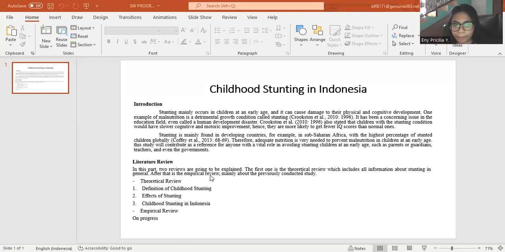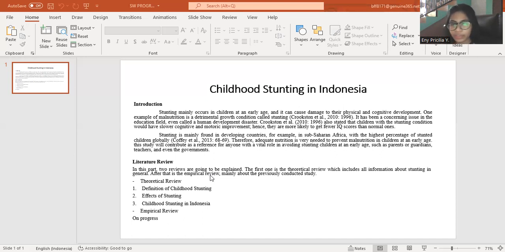So after that, the second part is the empirical review, and I'm still in progress of making the empirical review. However, I do have 7 articles to discuss in this part, which are by Coffee et al. in 2018, after that Crookston et al. in 2010, and so on.